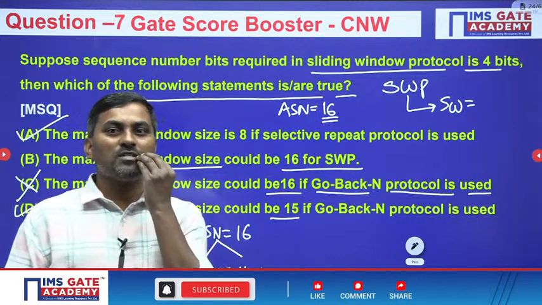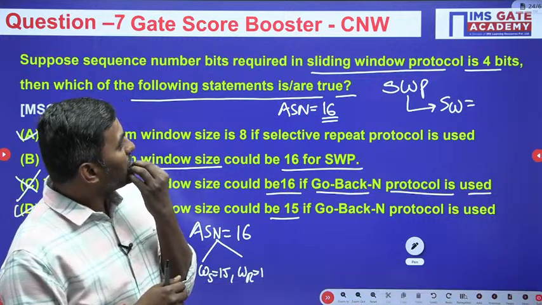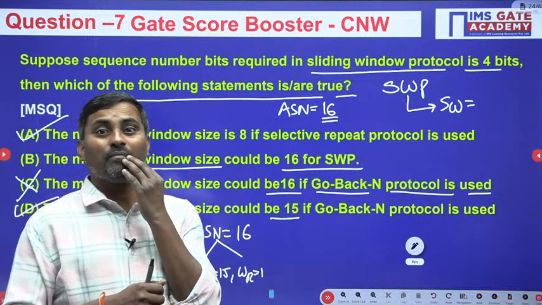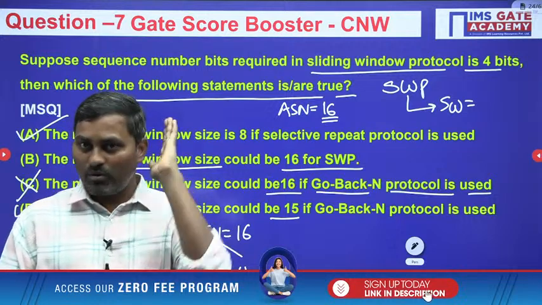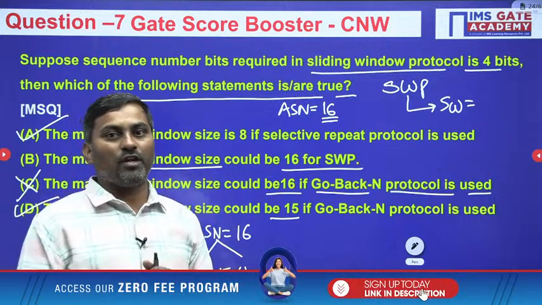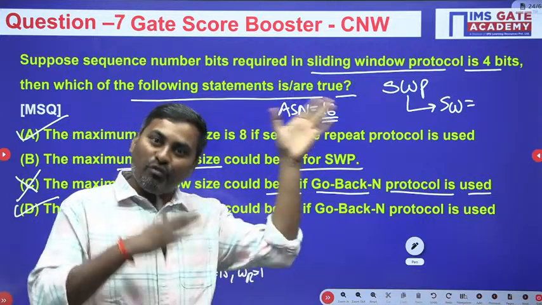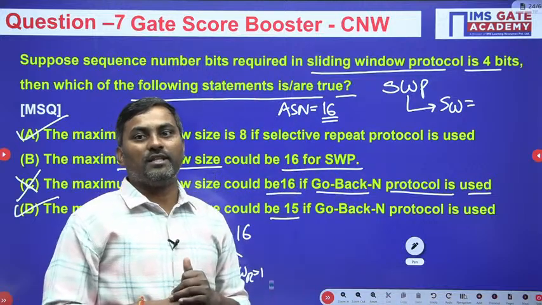So false, because we utilize one less frame. Where is one less frame? In sliding window protocol, 2 power 4 is 16, very good. 16 sequence numbers are available now. So 0 to 15, total 16 sequence numbers I can use for sending, correct or not?